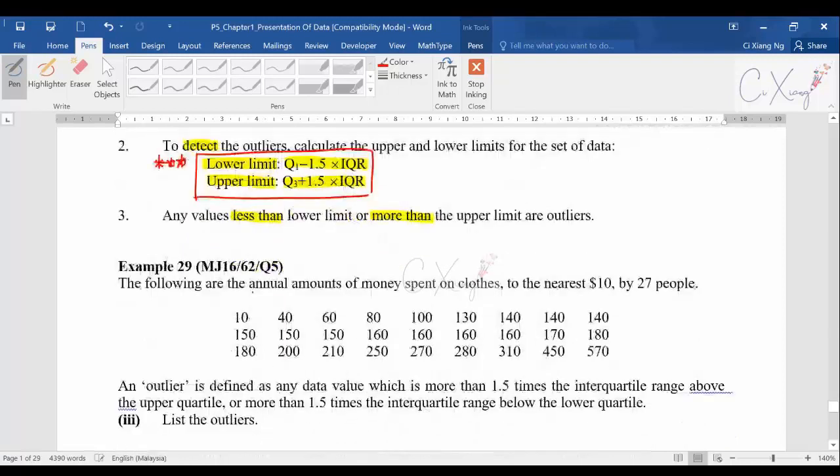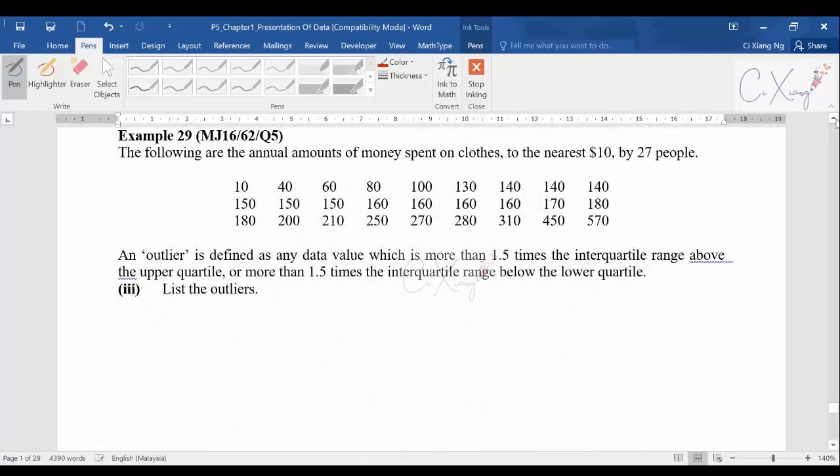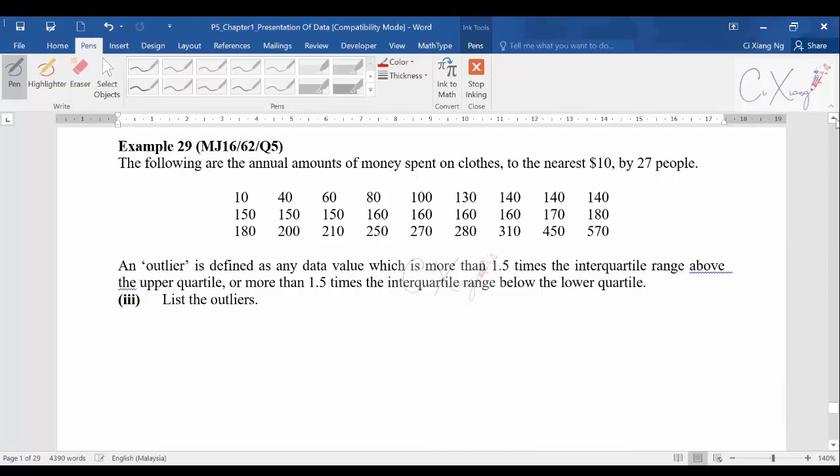Let us have a look at example 29. It is one of the past questions that I took out that asks about outliers. There are 27 people, and this is the annual amount of money spent on clothes. Some people only spend $10 per year to buy clothes, and some spend 500 something per year, which is actually not much to me.